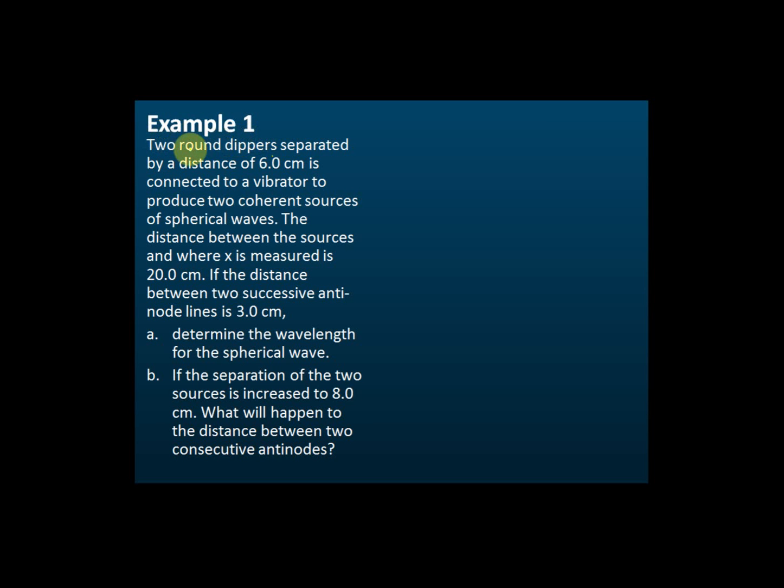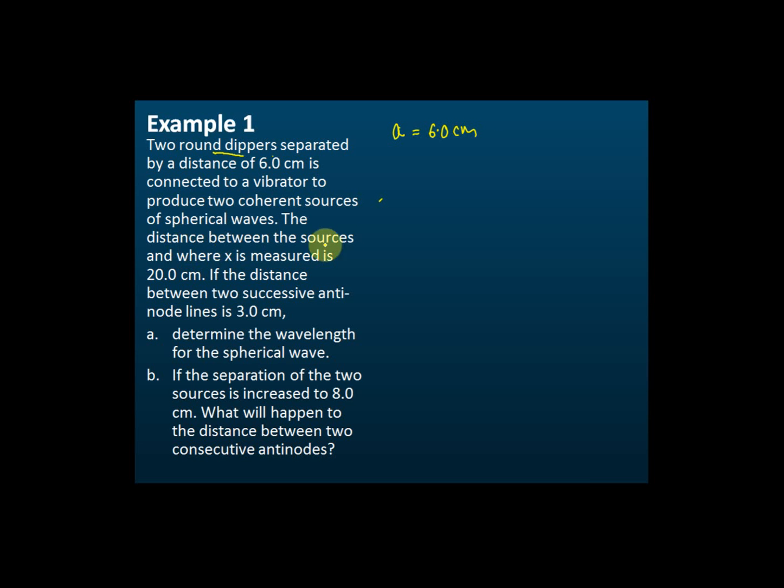Example 1. Two round dippers separated by a distance of 6.0 cm are connected to a vibrator to produce two coherent sources of spherical waves. The round dippers are the sources of the wave, and the distance between the sources is denoted by a, so a is equal to 6.0 cm.